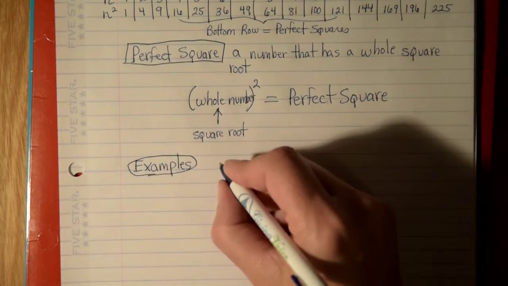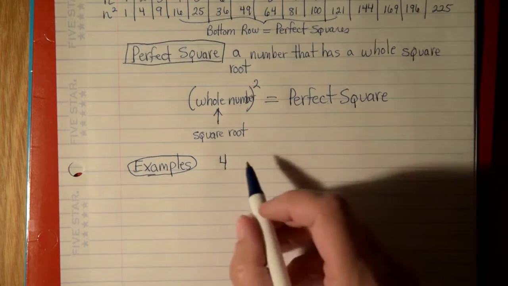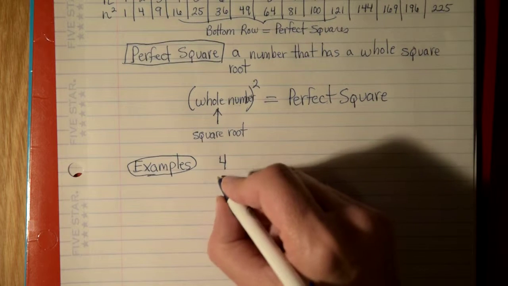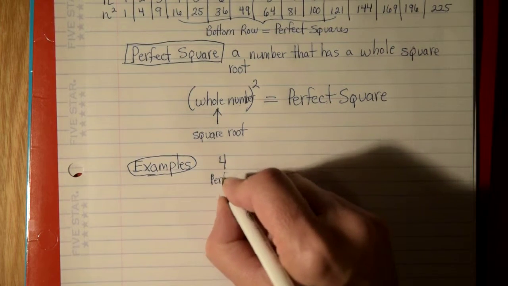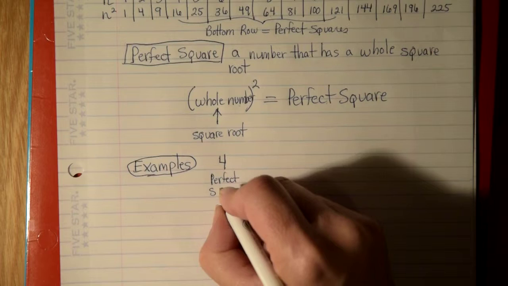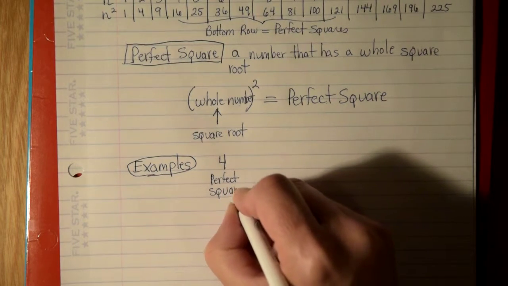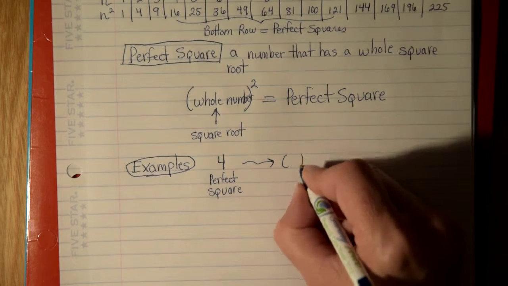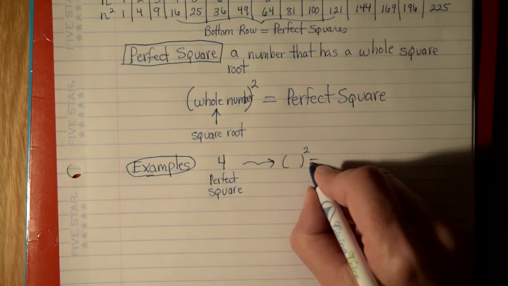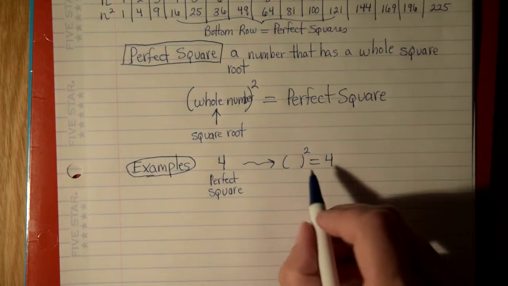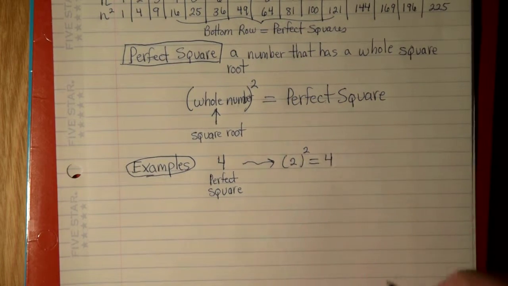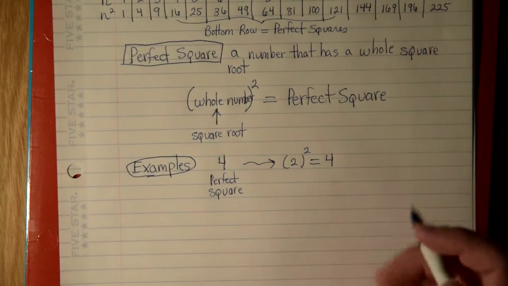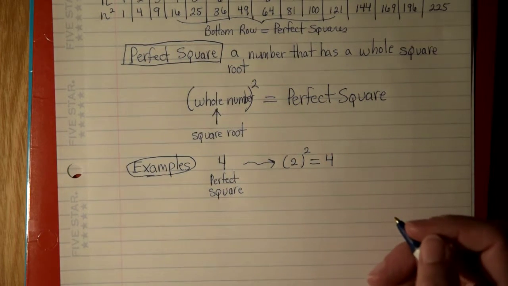So examples. 4 is a perfect square, because there is some whole number that I can square to get 4. And that would be 2. So 2 is the square root of 4, and 4 is a perfect square.